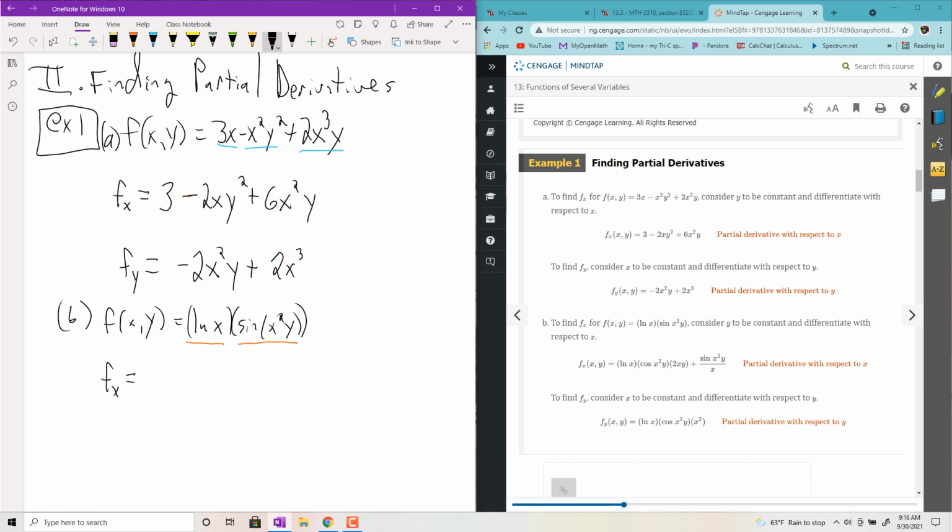The first guy, I'll take the derivative of ln x first. So that's just 1 over x, and then leave the sine of x squared y alone. And then plus, now you leave ln of x alone, take the derivative of sine of x squared y. So the derivative of sine of x squared y, first it's cosine of x squared y, and then you tack on the derivative of the guts of the sine, right? So that's just going to be, with respect to x, 2xy.